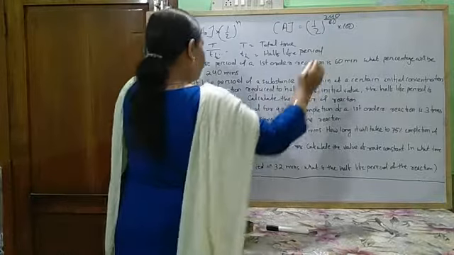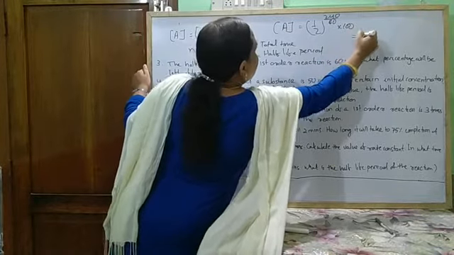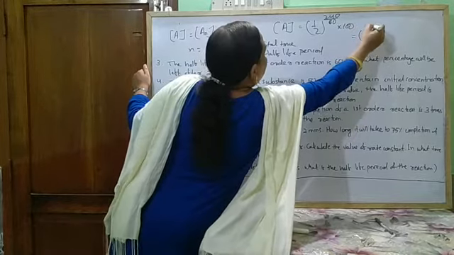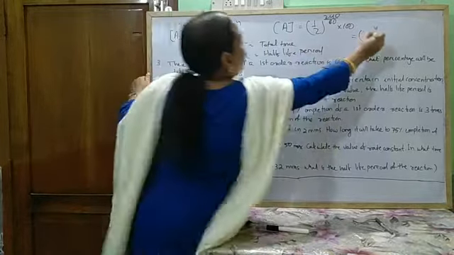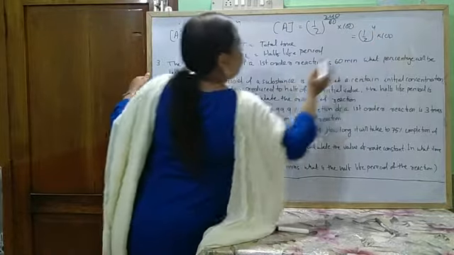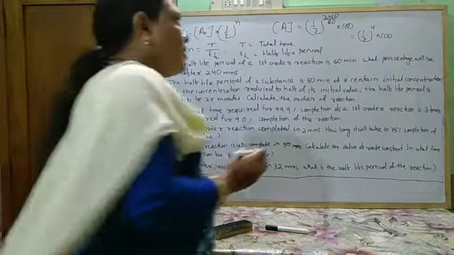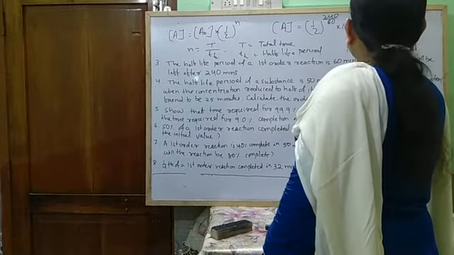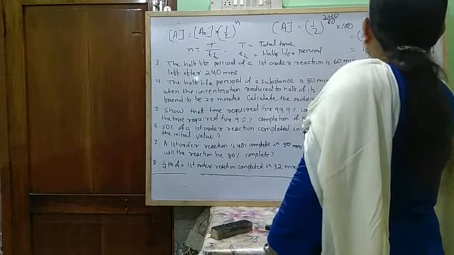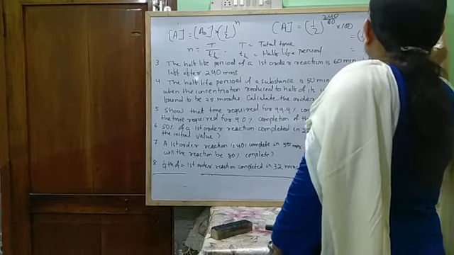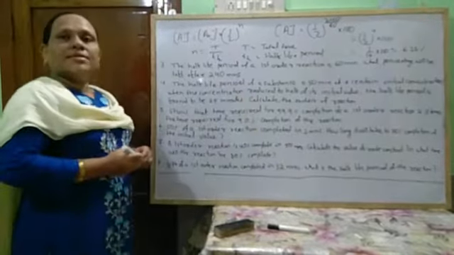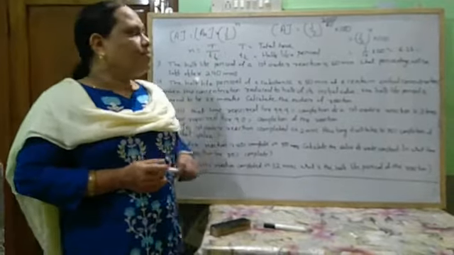This is equal to half to the power 4 into 100. So this value equals 1 by 16 into 100, which is equal to 6.25 percentage.